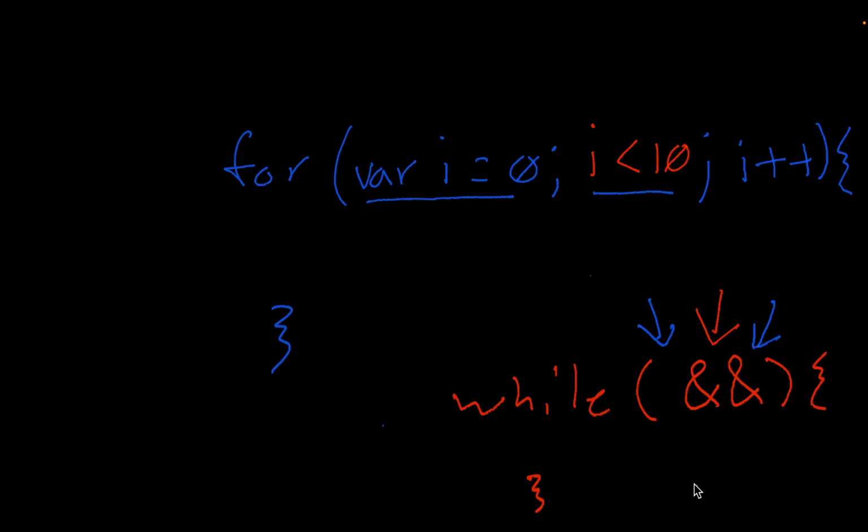While i is less than 100 and i is a positive integer. Okay, so you can do multiple checks while something is true, or if this is true.